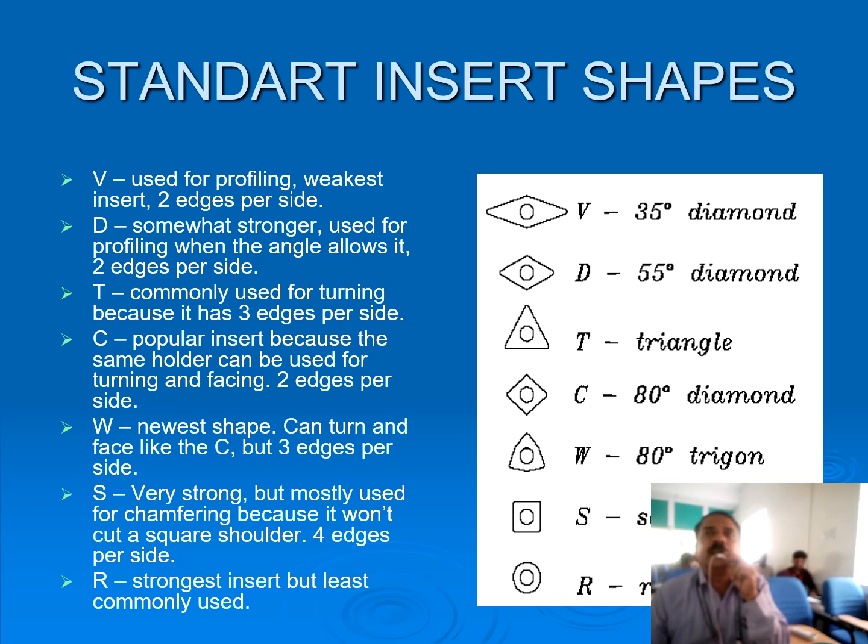Similarly, you can go through this T, C, W, S. For example, S is very strong, but mostly used for chamfering because it won't cut a square shoulder. 4 edges per side are there. And of course, R is the strongest insert, but least commonly used.